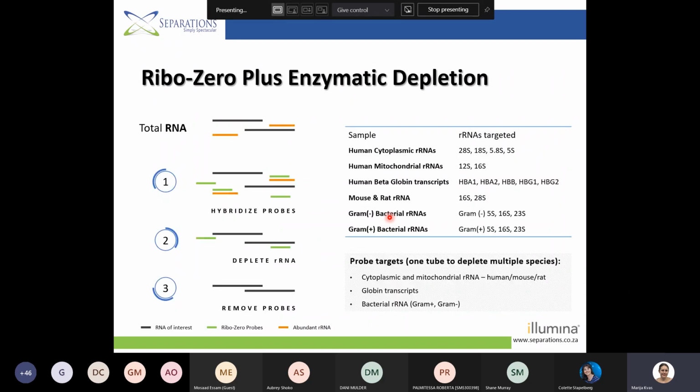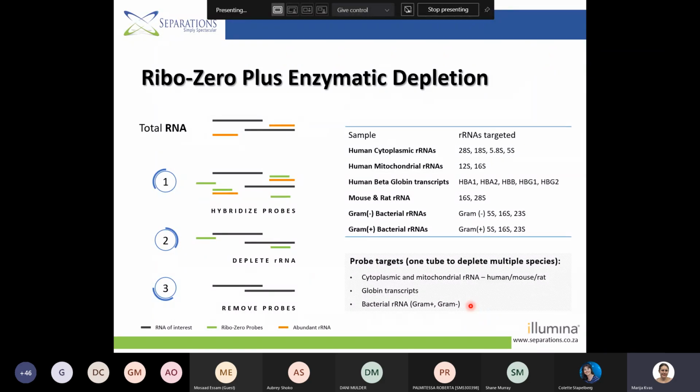What is also very nice about this new Ribo-Zero Plus is that in one tube, we are targeting multiple rRNA species, not just cytoplasmic and mitochondrial rRNA and globin transcripts, but we're also looking into bacterial rRNA for gram-positive and gram-negative bacteria. So we are depleting all of these rRNAs. And because we are pulling out the rRNA, what we are left with is processed and unprocessed mRNA.